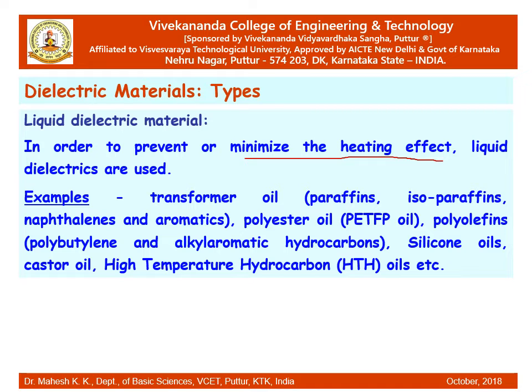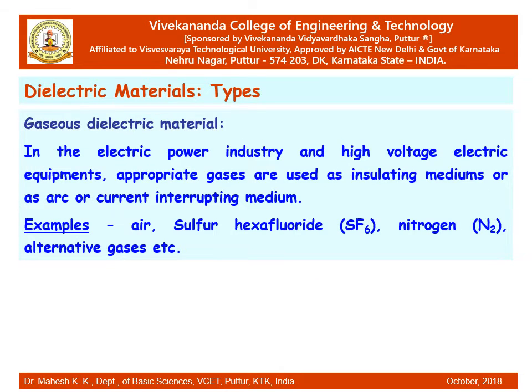The examples are transformer oil, which could be paraffin, isoparaffins or naphthalenes, polyester oils like PET, FEP oil, or polyolefins, silicon oils, castor oils, high temperature hydrocarbon, which is called HTH oils, etc.